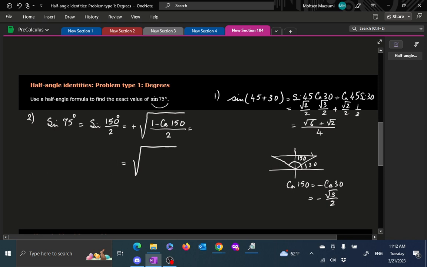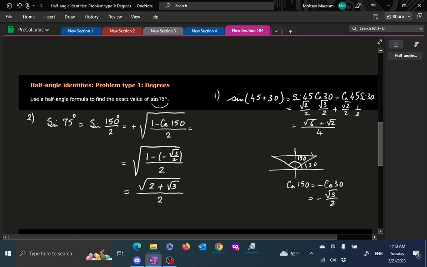That is more comfortable, but I insist that you try to do it this way. 1 minus, so it's minus radical 3 over 2, and the whole thing over 2. So 2 times 1 becomes 2, and then I have minus becomes plus, and then 2 times 2 becomes 4, comes out of the radical, becomes like this.